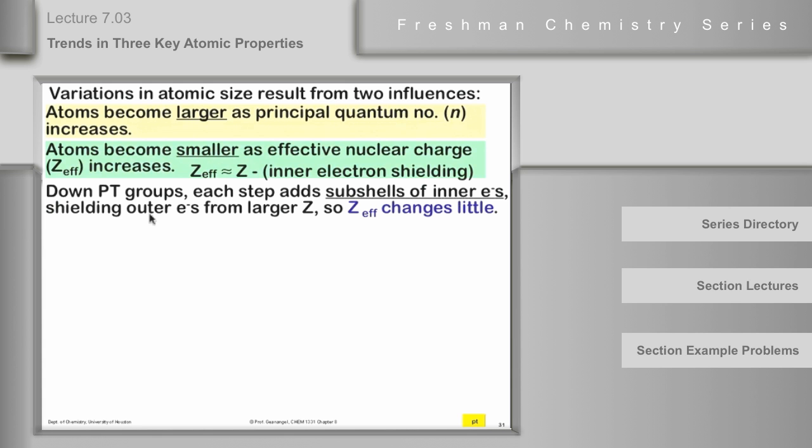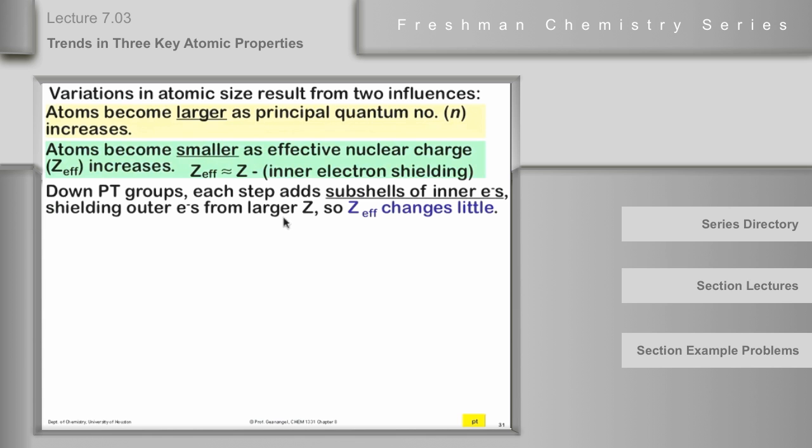And each one of those subshells of inner electrons shields all the electrons outside. Okay? If they spend most of their time closer to the nucleus, they cut off that wonderful feeling of electrostatic attraction that all the electrons have for the nuclei for these outermost electrons. So the outermost electron does not experience a full Z anymore. It experiences a Z minus the shielding due to the inner electrons. Now when you go down, however, we're changing full steps at a time.